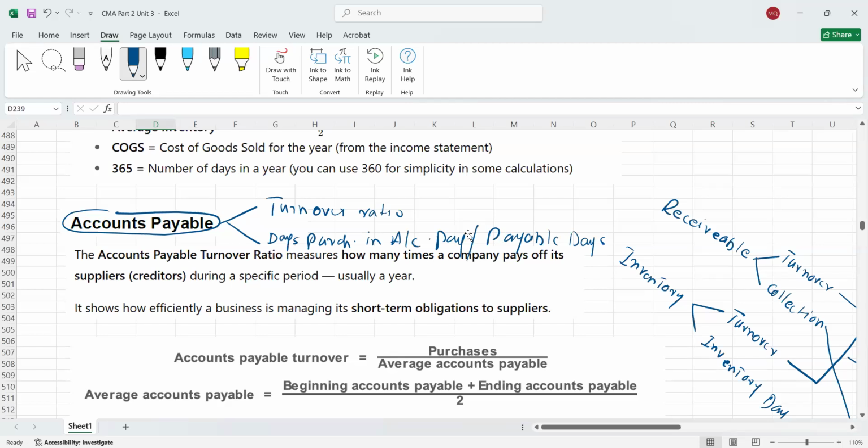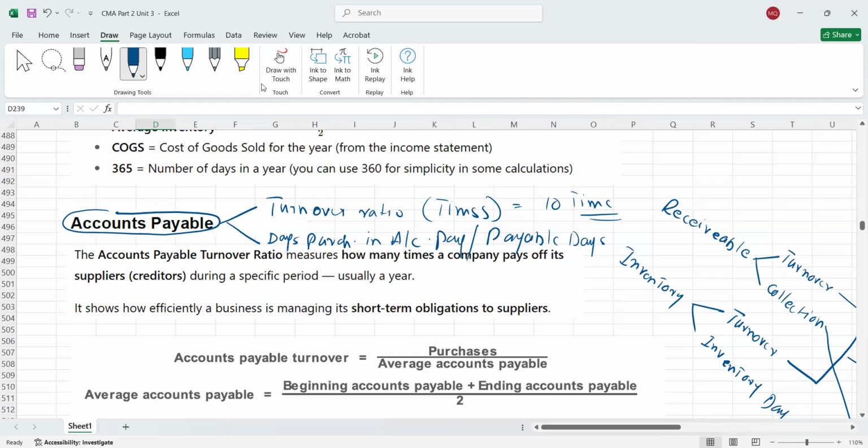Again, turnover, because now you are dealing with the payables and you should know payables are arising due to the credit purchases, and you are talking about now payable turnover and payable period. So turnover, similar way, it will give you answer in times. For example, if it is 10 times, it means on average you have paid your supplier 10 times a year.